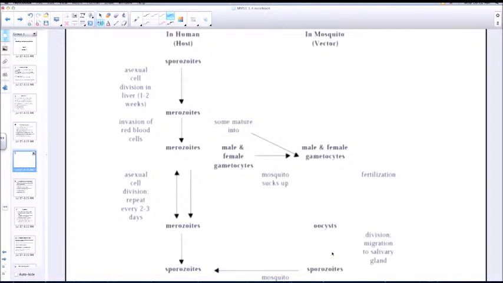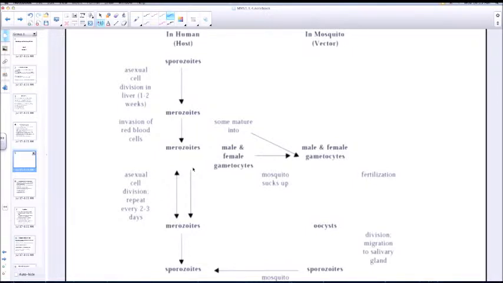And now when this vector carries the disease and bites another human, this human being will become a host and start the cycle again, have the sporozoites in the liver and reproduce, and then you cycle back and forth.